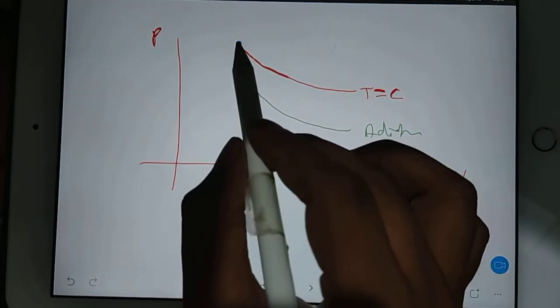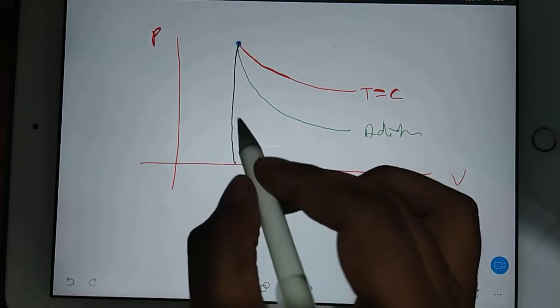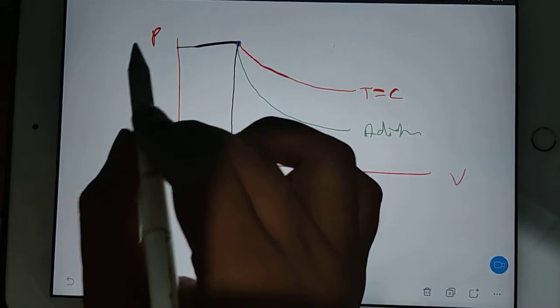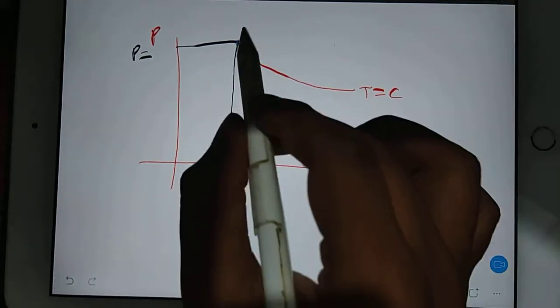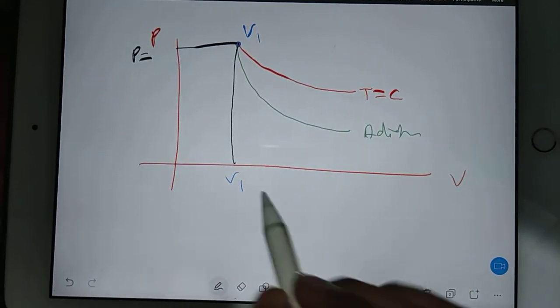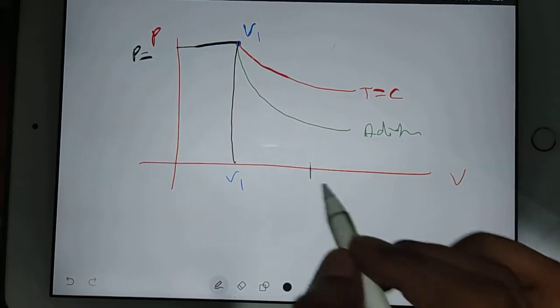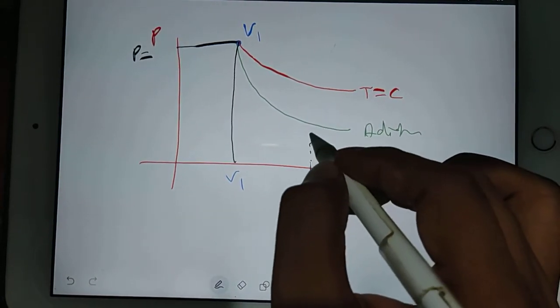So see, here at this point my pressure was something and volume was something. I want to reach this volume. It means here.